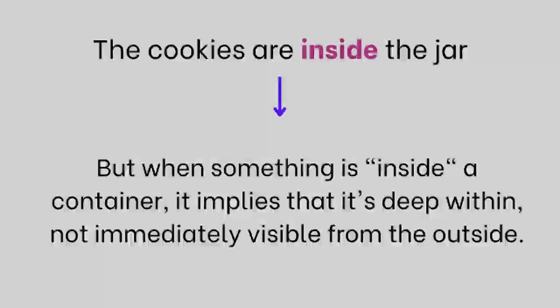With the use of inside a container, it implies that it is deep within, not immediately visible from the outside. So if we look at the jar from the outside, we might not guess that the cookies are inside unless we open the cover of the jar to find the cookies.